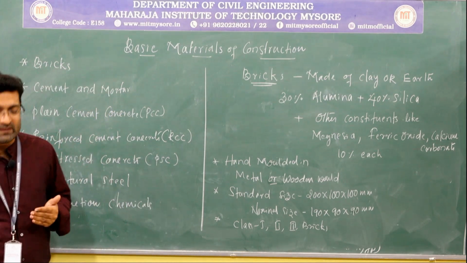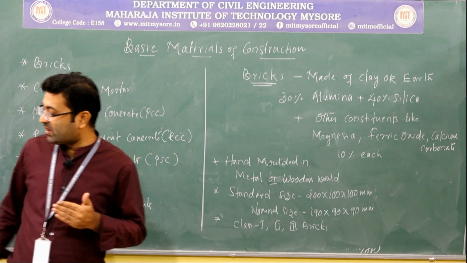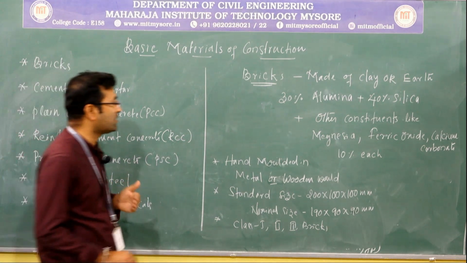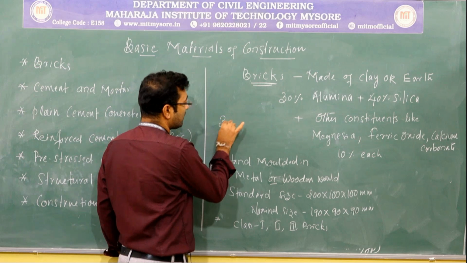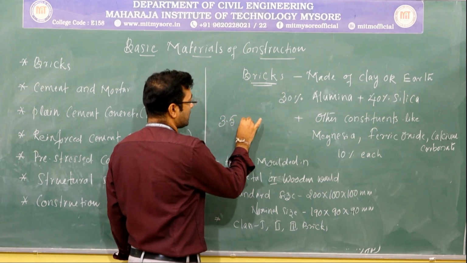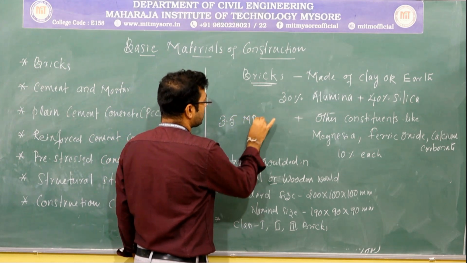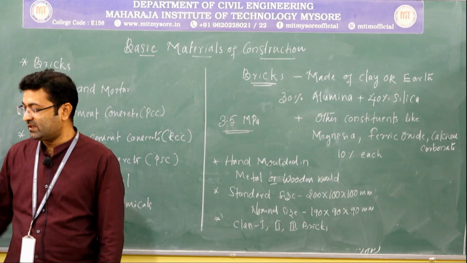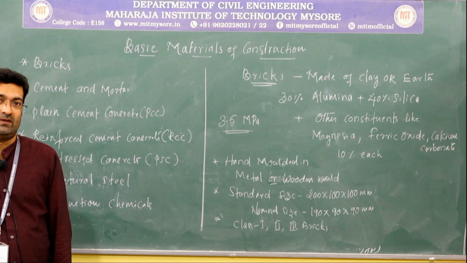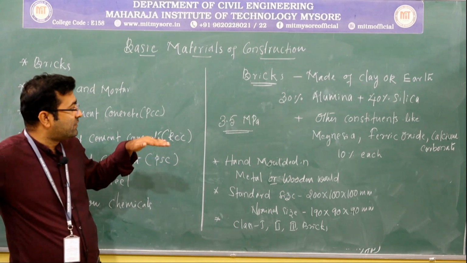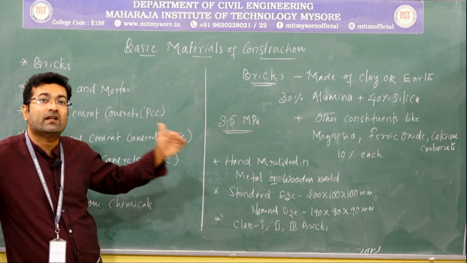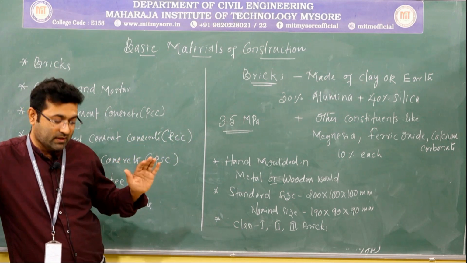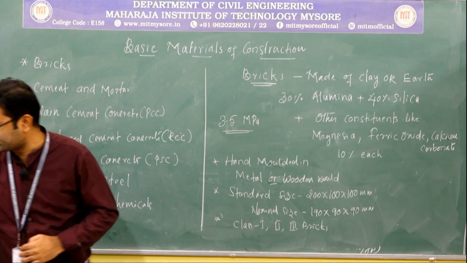Usually it is expected that the minimum strength of the bricks we are using for construction should be roughly about 3.5 MPa. That is the class 3 bricks. So, if this is the strength of the bricks, then we can use those bricks for construction purposes.